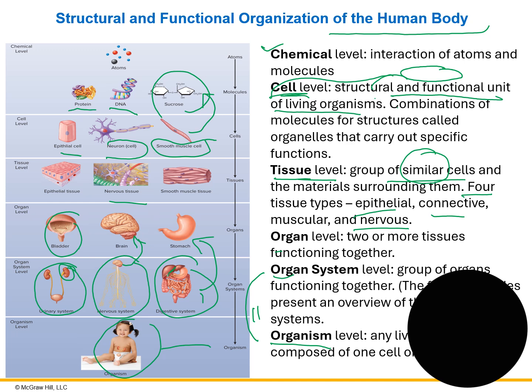If you break down proteins, you see amino acids. Breaking down again, you see atoms, and again you see electrons, protons, neutrons. These are all the things that make up the structural and functional unit of the human body.